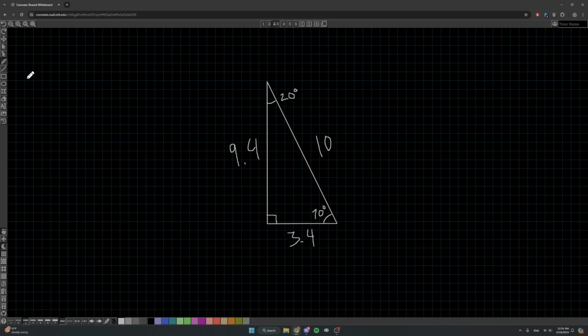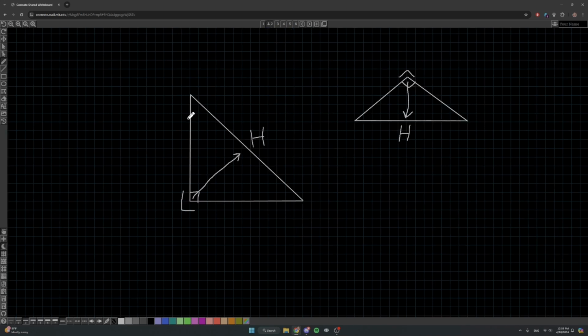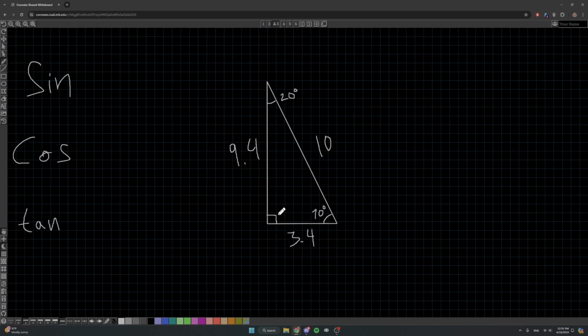So our job here is to calculate sine, cosine, and tangent. And when we calculate these, we actually pretty much ignore the right angle. However, I told you, whenever you have a right angle, draw your arrow. So we have our box corner right here, our little corner.